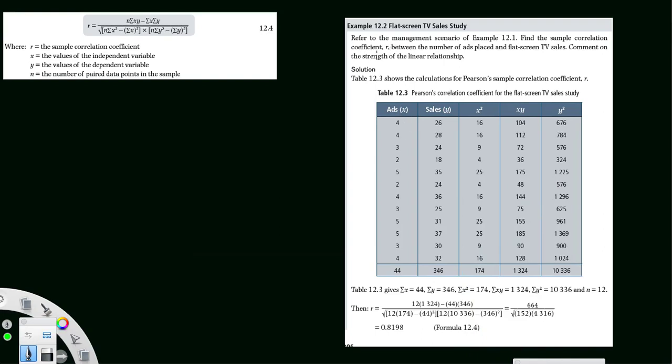You remember that previously we had the adds, we had the cells, and we had this one and this one. Now, because of this formula, we also need a y square. We just plot the values, make sure that you write all your totals after you plot all the values, and you bring it down and substitute everything into the formula like it has been done here. Then you get a value like this.